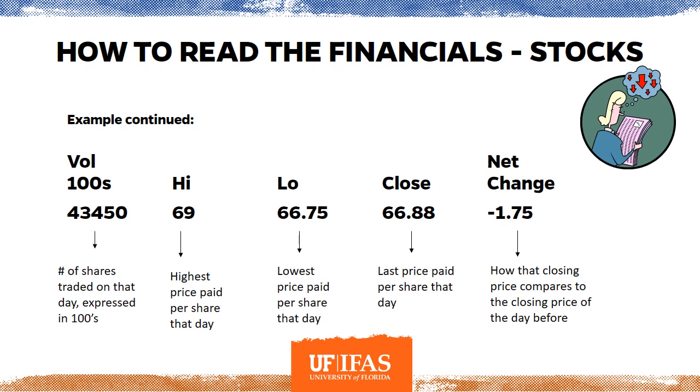And the highest price that anybody paid for any share of this company in the last 24 hours was $69 even. The lowest price that anybody paid in the last 24 hours for this GE stock is $66.75.